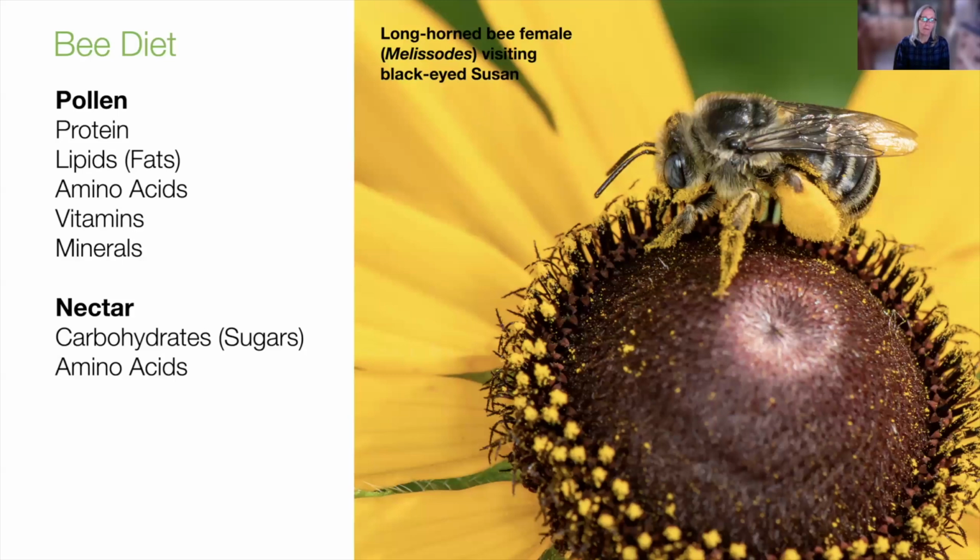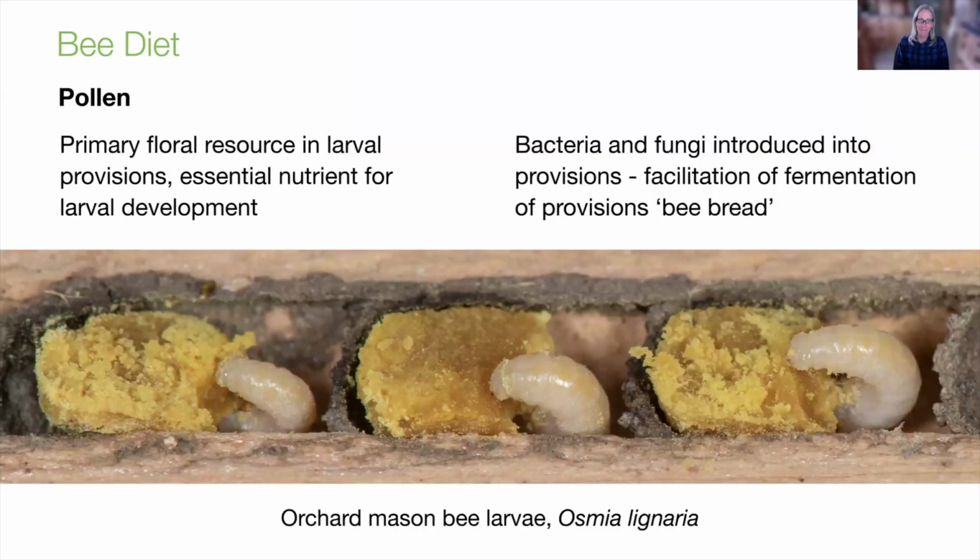It provides all of the proteins and fats, as well as essential amino acids, minerals, and vitamins. Nectar is primarily made up of various types of sugars, as well as some free amino acids. And in general, female bees are combining these two materials to feed their offspring. I'll be highlighting a third floral resource, floral oils, and a specialist bee that collects those later in the presentation.